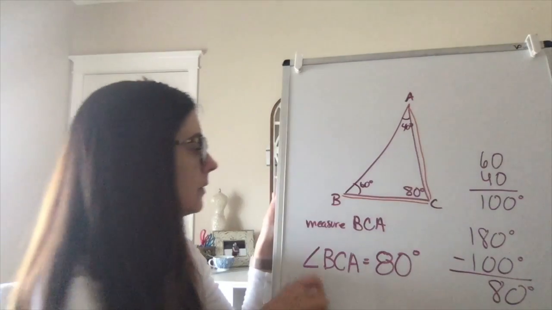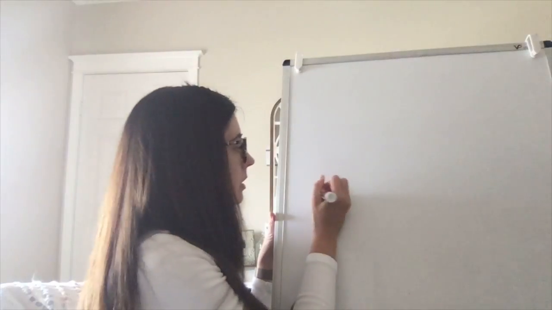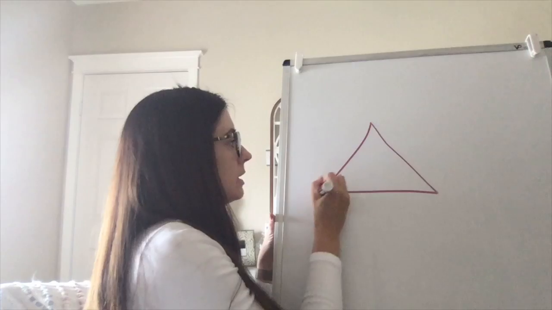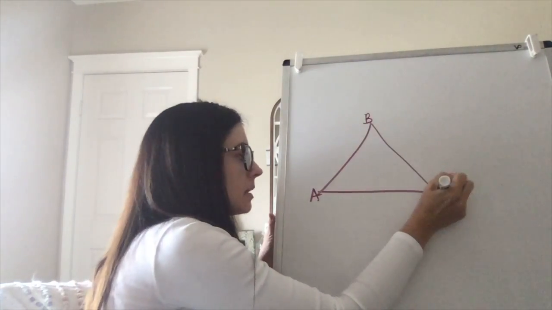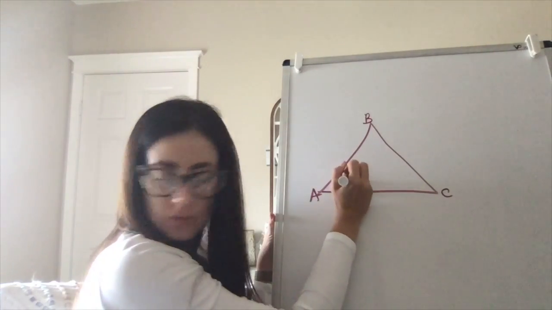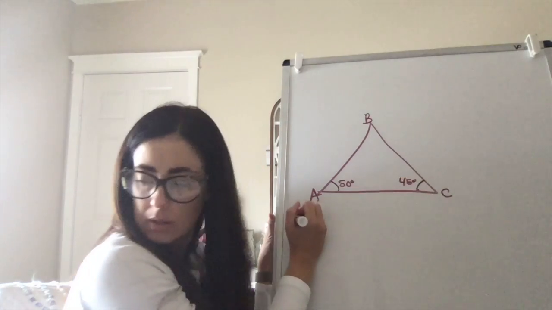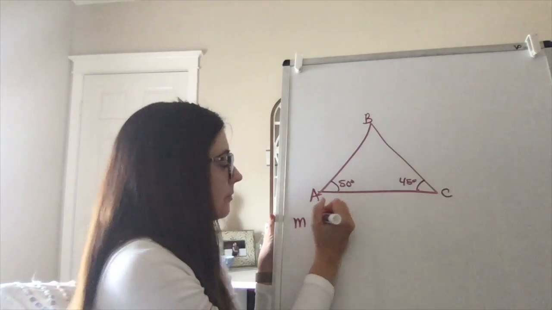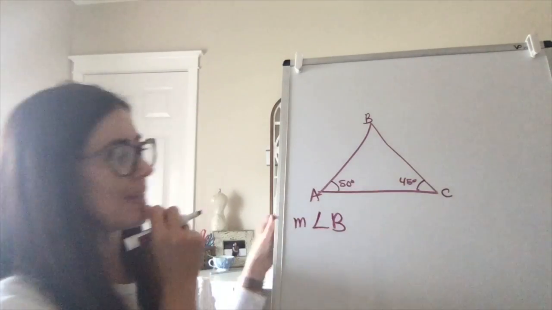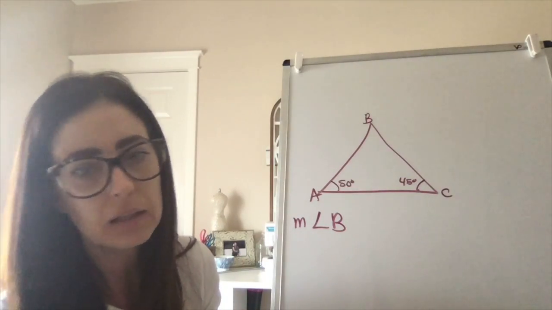All right, let's do another one. We have a triangle that looks a little bit like a pyramid, ABC. This is 50 degrees, this measures 45 degrees, and they want the measure of angle B. Again, the sum of the interior angles of a triangle is always 180.